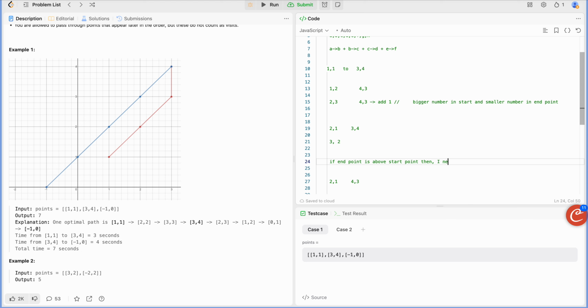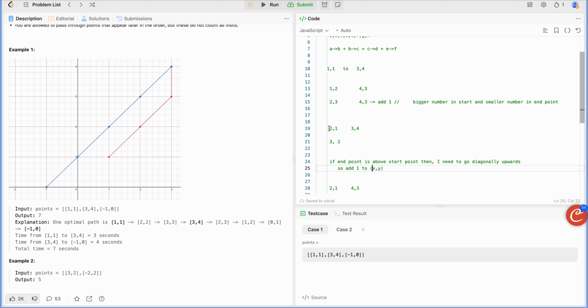Then I need to go diagonally upwards. So add 1 to each, add 1 to x and y, right?